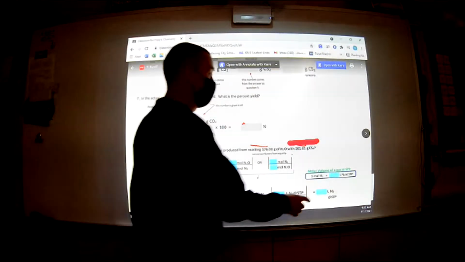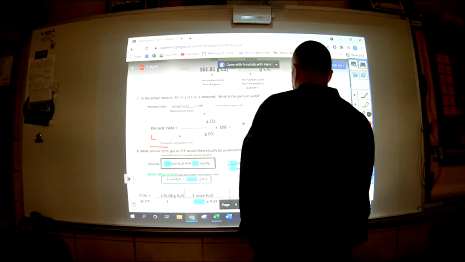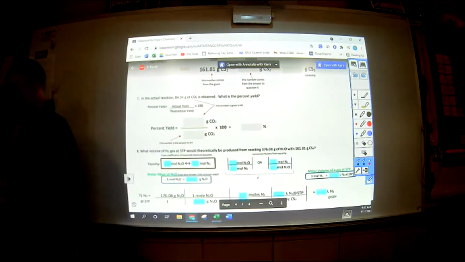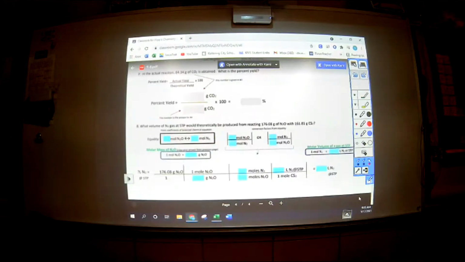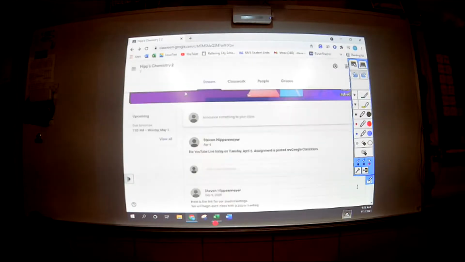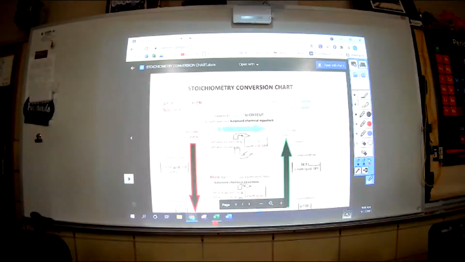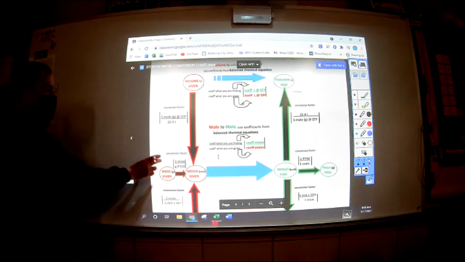Now, how do we do this? Now we're no longer going mass to mass. We're now going a mass to a volume. So where are we on the chart then? When we take a look at this chart, where are we? If you look at the assignment here, you see the chart? We've been going mass to mass.